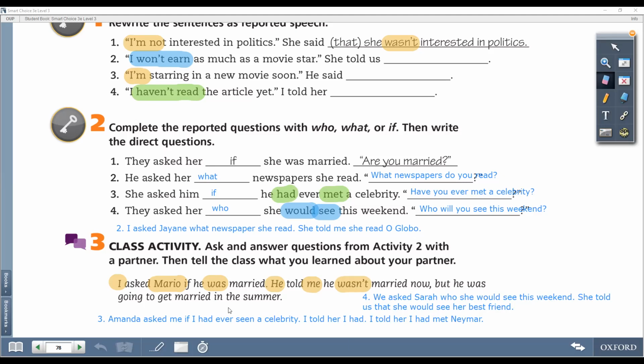So you see what happens when we use reporting verbs like told, asked, said, okay? We have to change the verb from the next sentence. We have to use reporting verbs, so we have to backshift, okay? All right, let me clear this. Can I clear the annotations? Yes? Good.